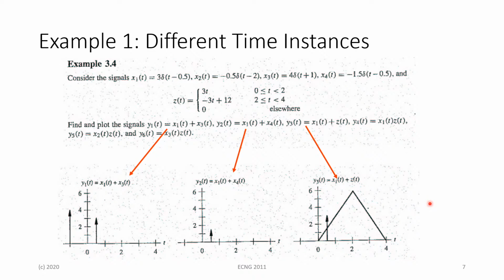If they do occur at the same time instance, you want to take the resultant of the magnitudes in order to obtain the operation, as we saw here for our y2 of t signal. And if our impulse is added to any arbitrary linear signal or polynomial signal and so forth, it basically just means draw the signal as is and then just draw the impulse accordingly as well.